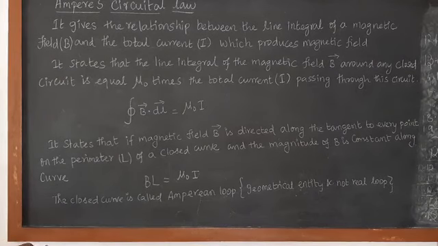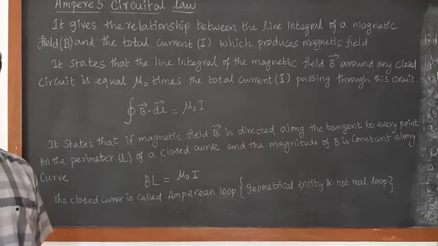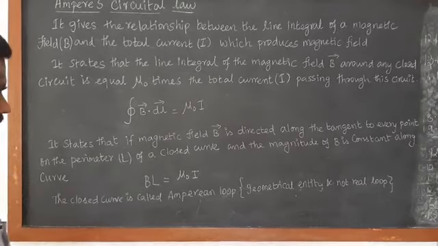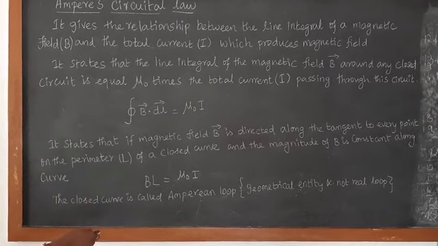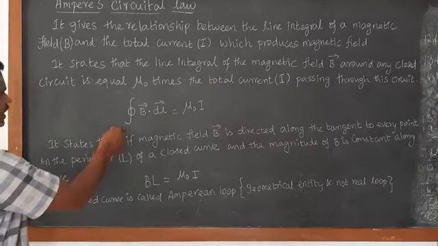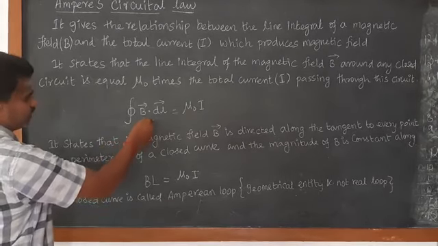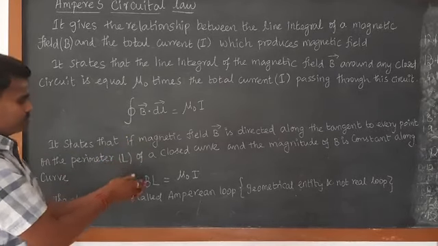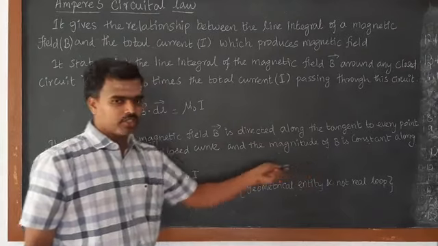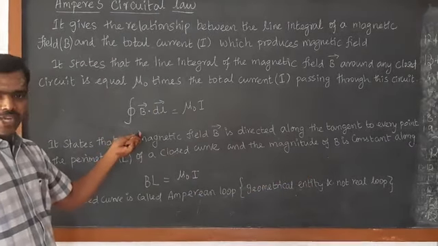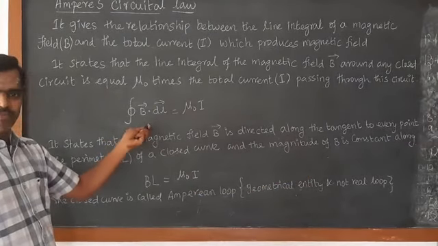The perimeter L of a closed curve, and the magnitude of B is constant along the curve. So along the curve the magnetic field value is constant, and for that we can modify these steps as B into capital L is equal to mu naught I, because this line integral varies with this dl component alone. Because we have said the magnitude of B is constant, so this is constant. Only the variable is this dl, right?